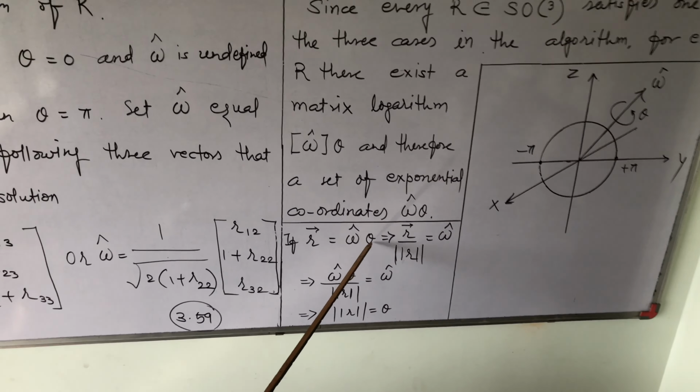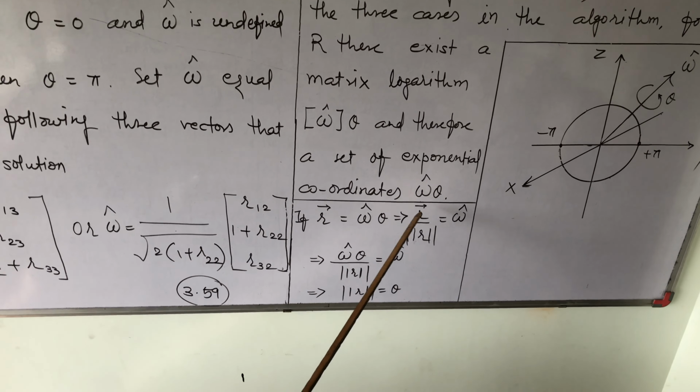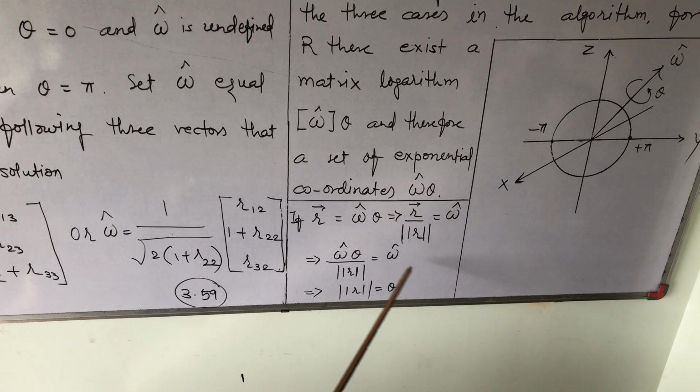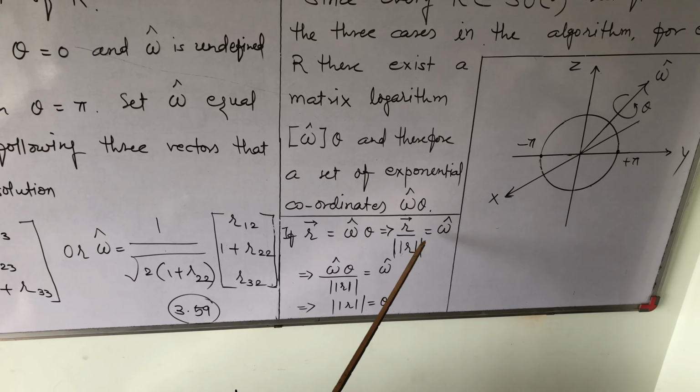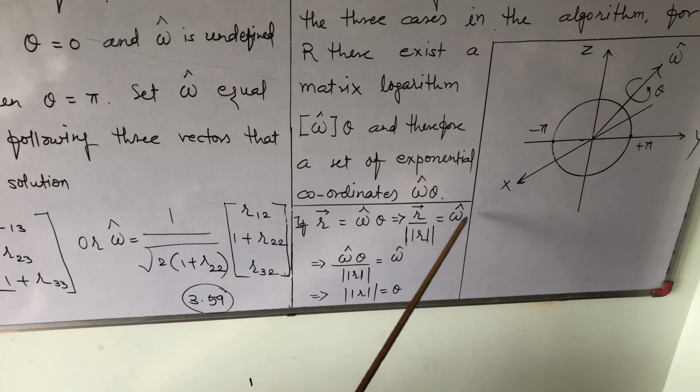See here, suppose omega cap theta is the vector r. Then r by the magnitude of r gives a unit vector in the direction of the vector r, so it is nothing but omega cap.